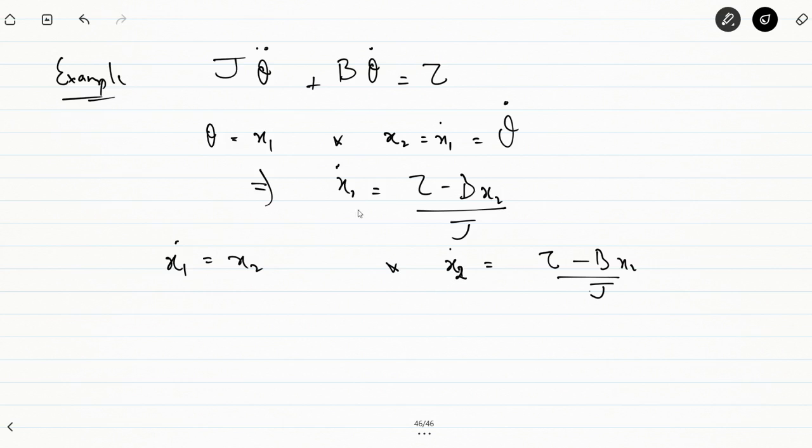So this is your equations for x1 dot and x2 dot. You need to find now dx2 divided by dx1. So can you find the value of dx2 divided by dx1 and integrate it?